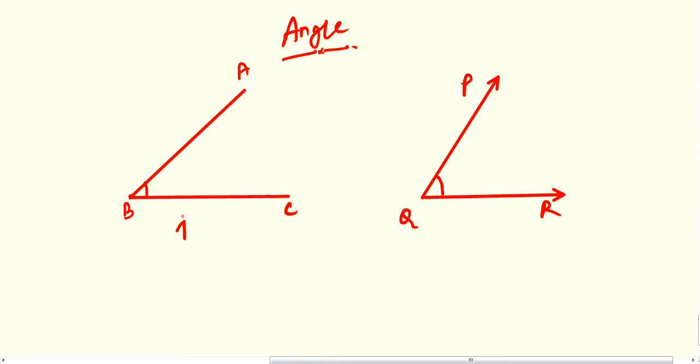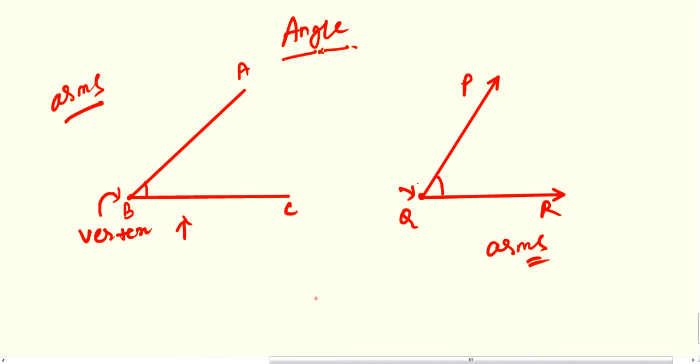In this diagram, the common endpoint is B, and in this diagram, it is Q. Then this is vertex B, same Q is vertex, and AB and CB, these are arms. Similarly, PQ and RQ are arms.